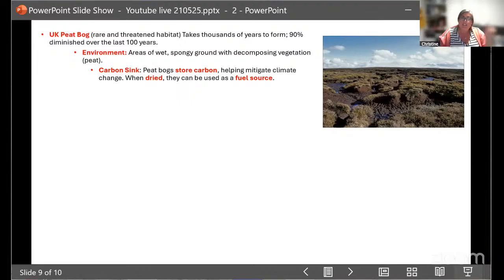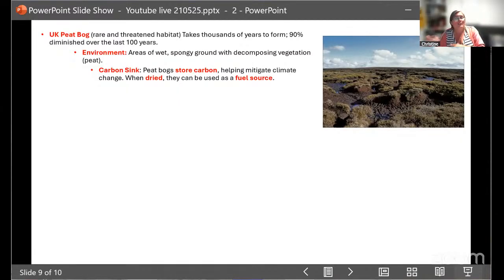So there's a lot of interlinking going on here, and it really depends which way they want to go. But the fact that these peat bogs are these sinks of the carbon means that we are mitigating that climate change.